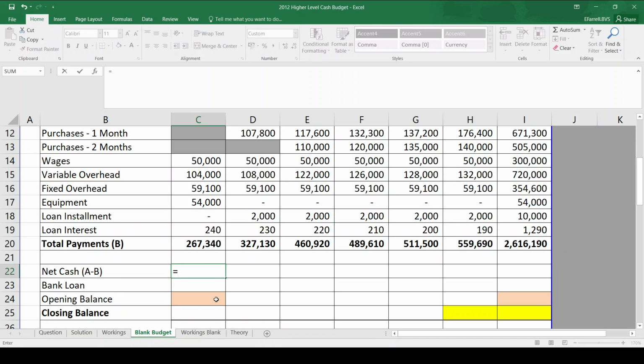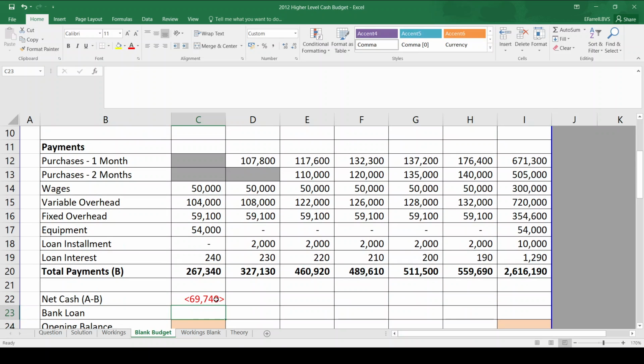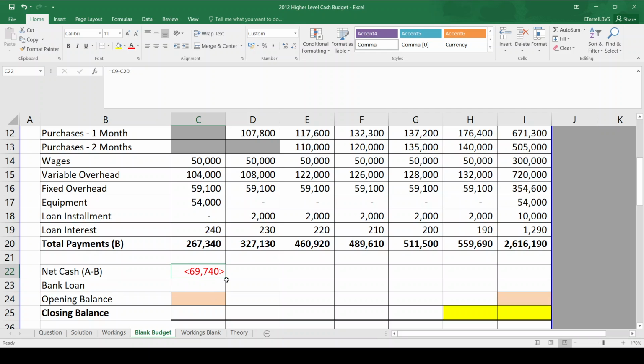To do that, I get my receipts each month. In the first month of July, it was 197,600. I take away my payments, 267,340. So in the first month, I'm going to be down 69,740. That's what I budget. The second month, up 34, up 88, up 94, and so on. And in total, for the 6 months, I'm going to be up 323,810.